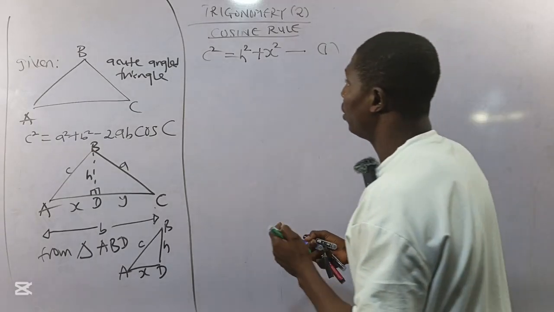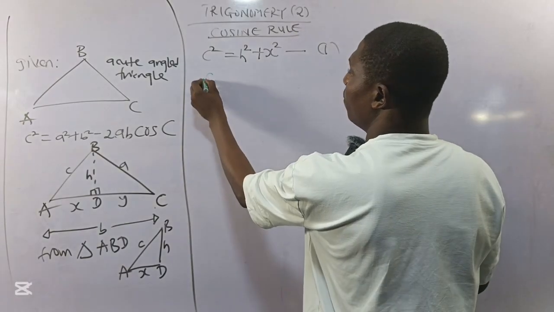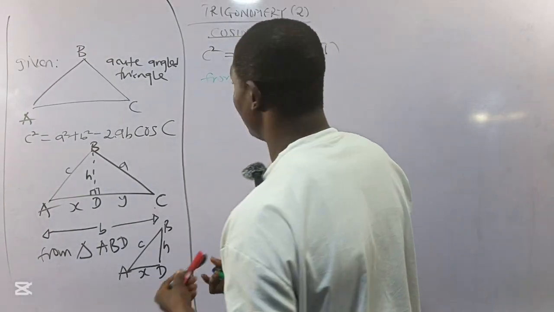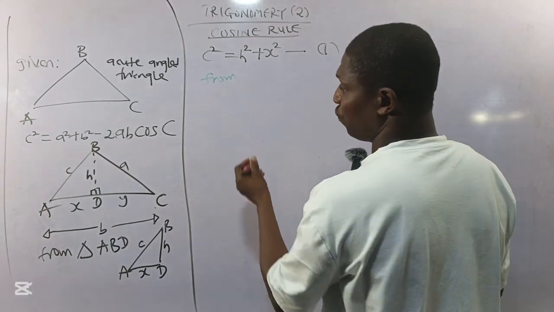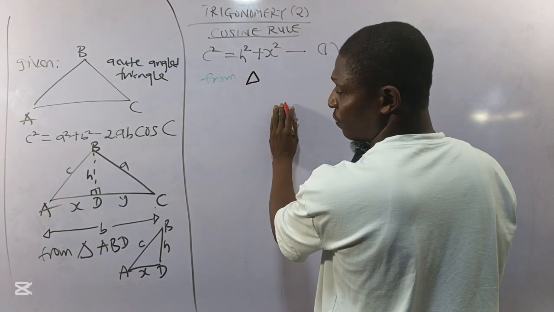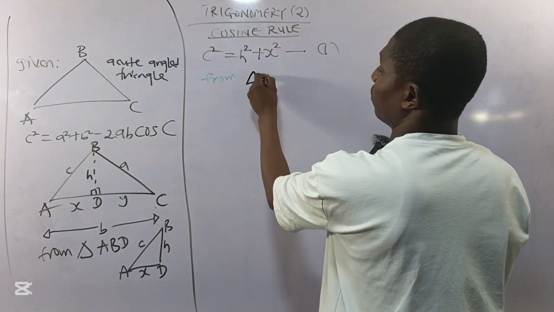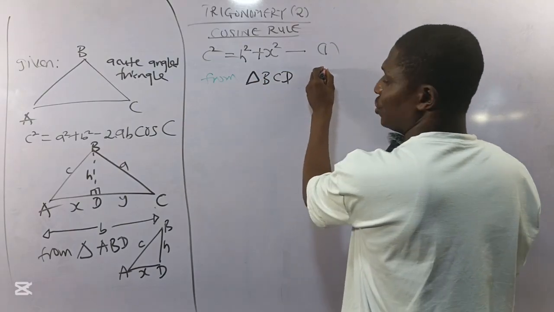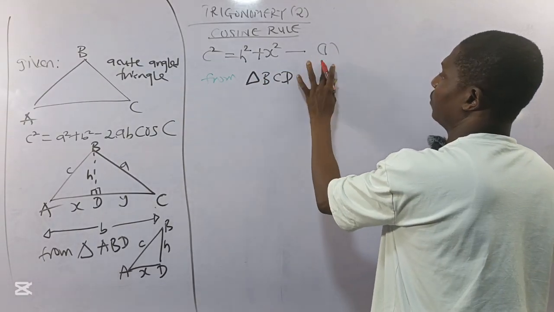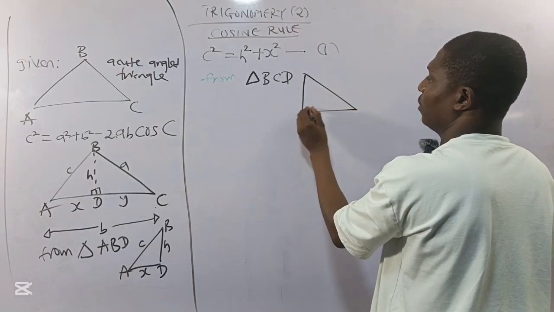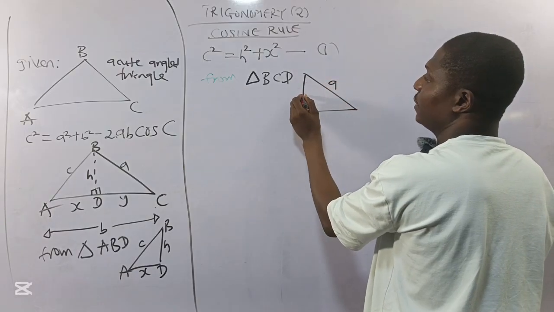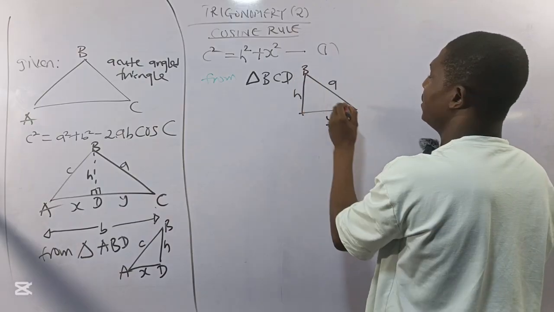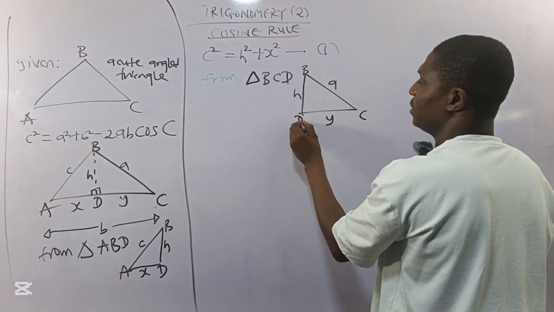And also from triangle BCD, which is this, this is a, this is h, this is y.